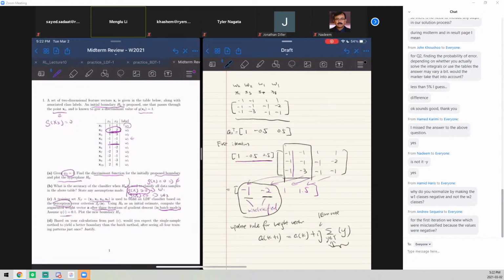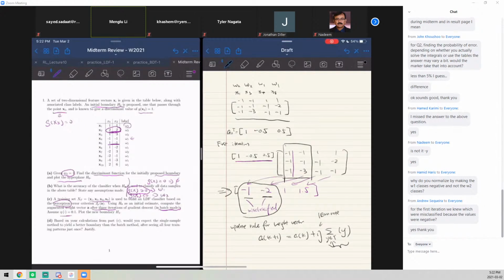So all the G function values should be larger than 0. If some point's value is not larger than 0, we say it's misclassified. Does that make sense? Okay, good.